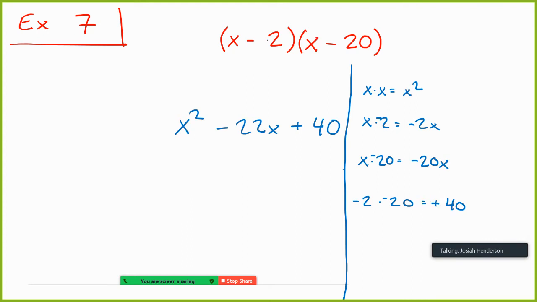But the middle term is -22x. Why is that? Because if you look back where she got those parts, it was a positive times a negative, -2x, and a positive times a negative, -20x. And then we added two negative numbers, right? They were both negative. It went further down to -22.